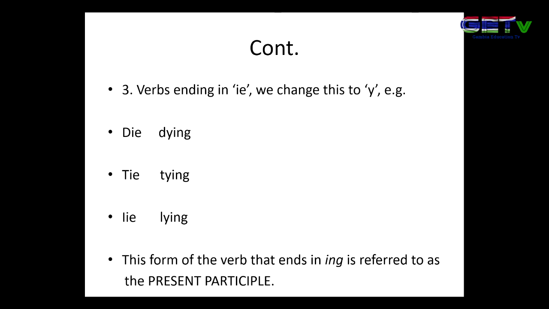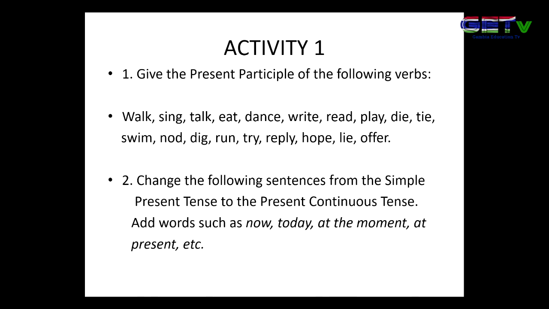And the third one, when a verb ends with ie, like die, tie, and so on, we drop this ie and replace it with y and add an ing. The form of the verb that has this ing is what is referred to as the present participle of a verb.